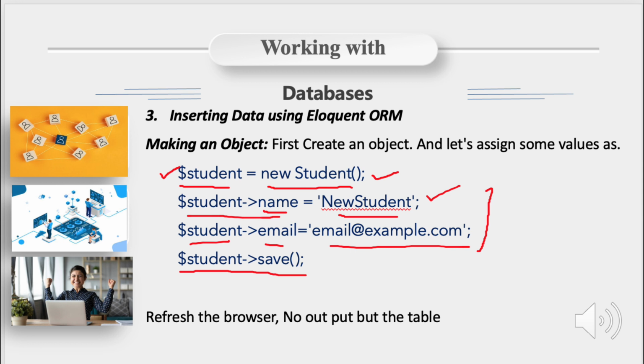Similarly, student email, again the email is the column and this one is the value. In this way, as many fields as you want to add, you just add to the object, and then at the end just call the save function, student save, and this will add the data to the database.